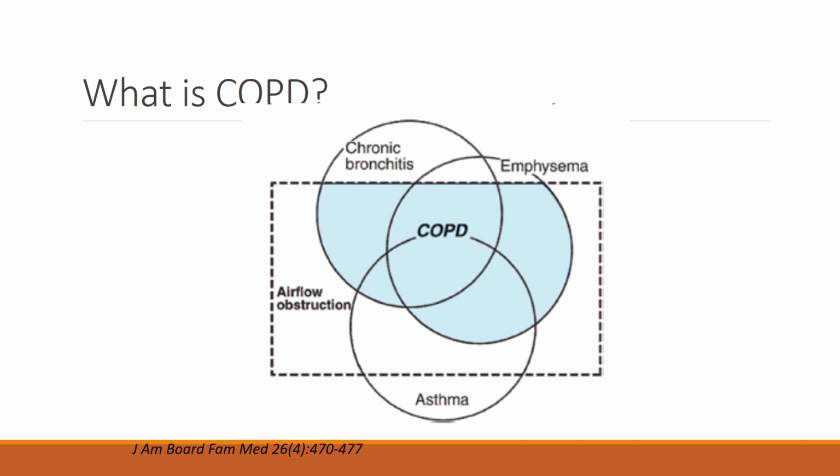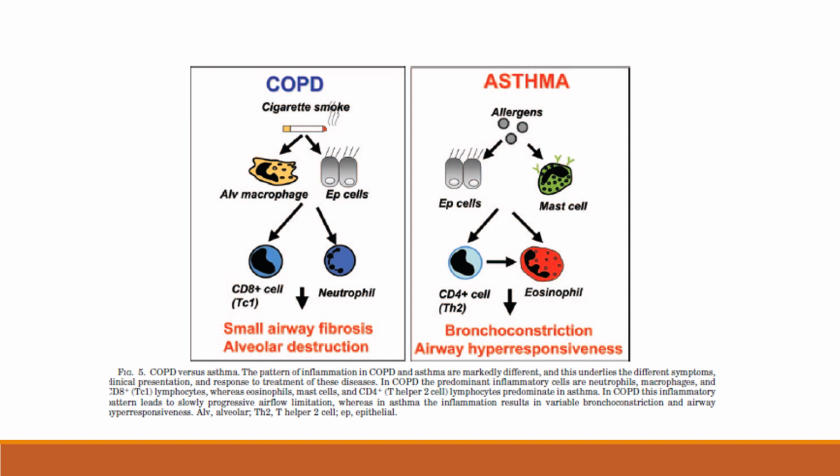So if we talk about how it differs from asthma, which we think of as reversible airflow obstruction and constriction, COPD is mainly from cigarette smoke. That's the number one cause. And so the more we can do to help with that, and we'll be talking about that in another lecture, specifically smoking cessation.